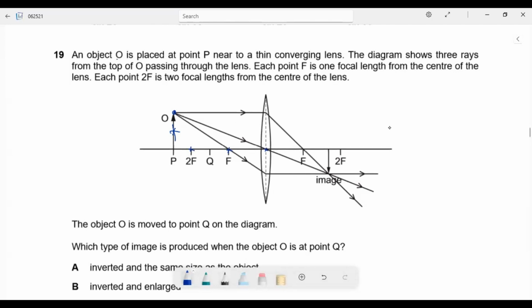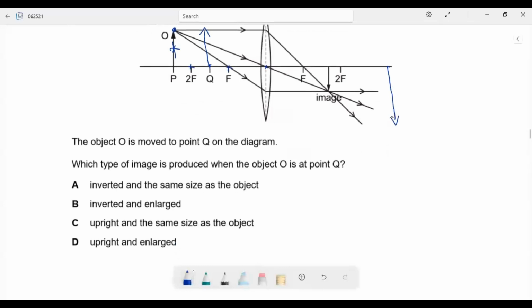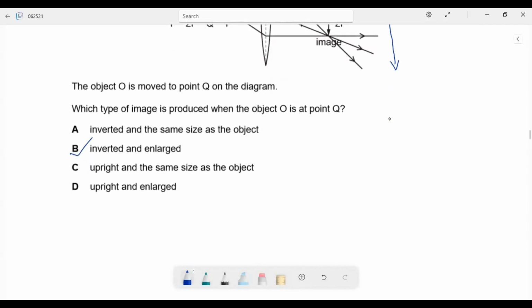So we are moving this object O to the point Q. Which type of image is produced when object O is at point Q? When you move an object between F and 2F, the image will be inverted and enlarged. So here the right answer is B, inverted and enlarged.